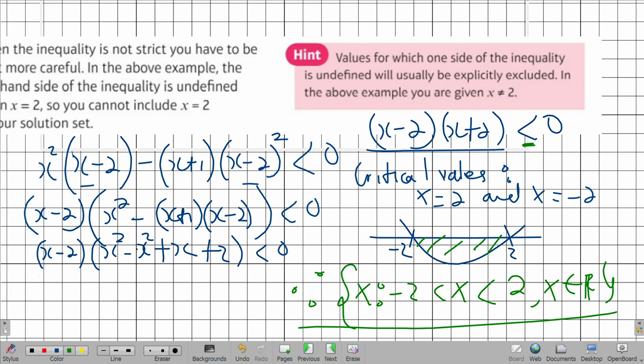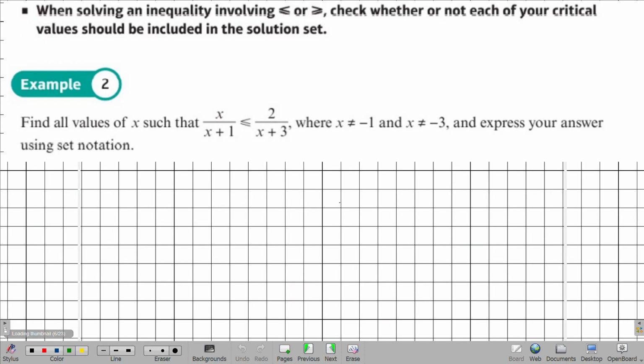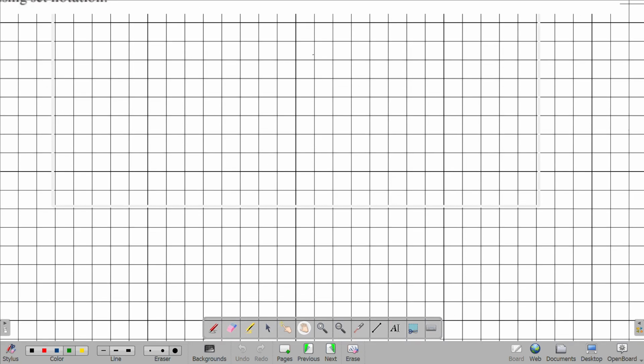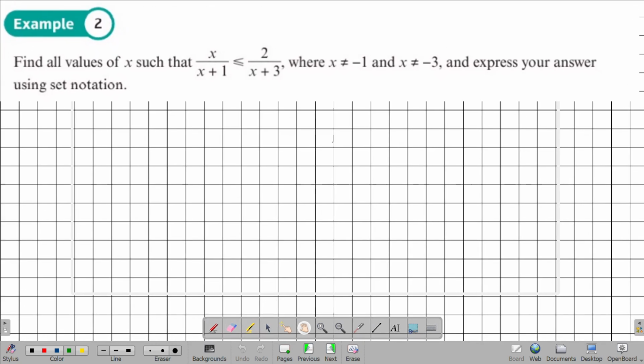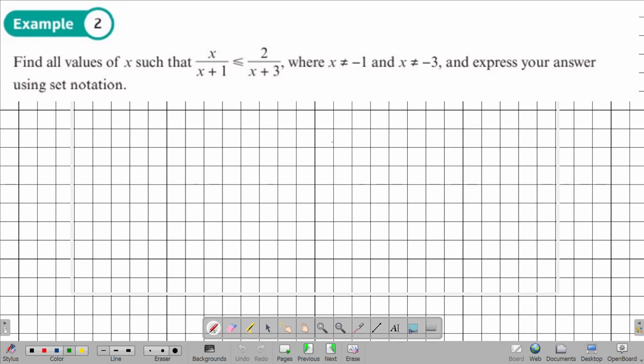Let us look at another example. Let me see if this question was done before. No. So now let us find, I'm going to do two methods here to solve this type of inequality. The first one is we are going to multiply by the LCM.